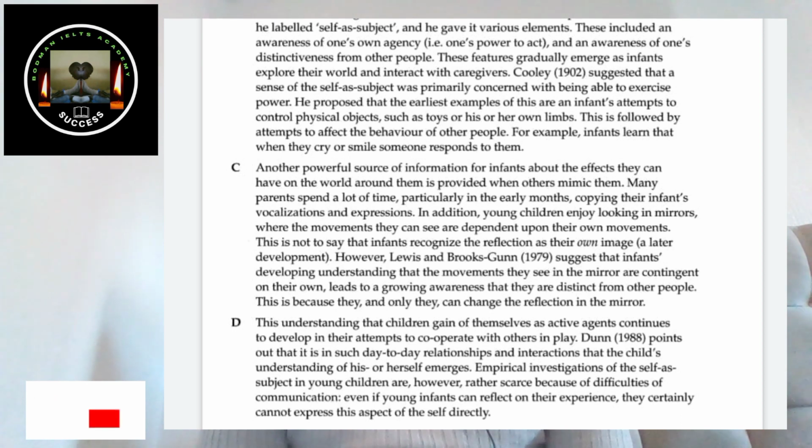This is because they and only they can change the reflection in the mirror. So what Lewis and Brooks-Gunn are talking about is basically reflection. The child being able to look into the mirror is a part of development.